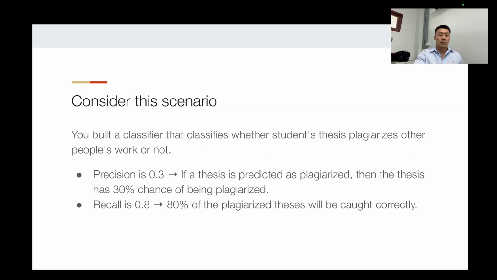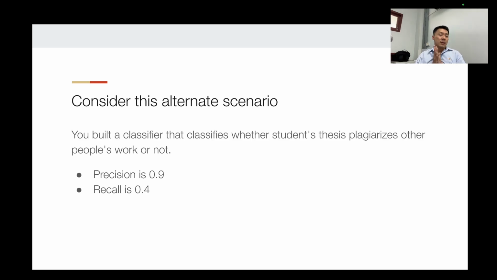Cool. All right, what about this one? Again, we retrain the model, we have more data, and then we run the evaluation. The precision is 0.9. The recall is 0.4. Is it good now?